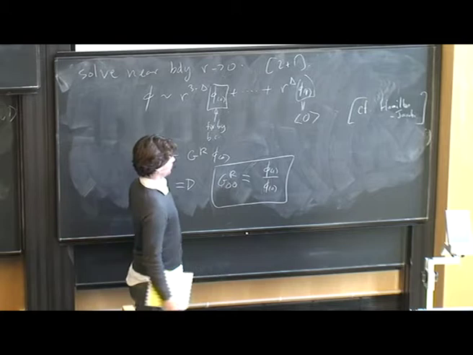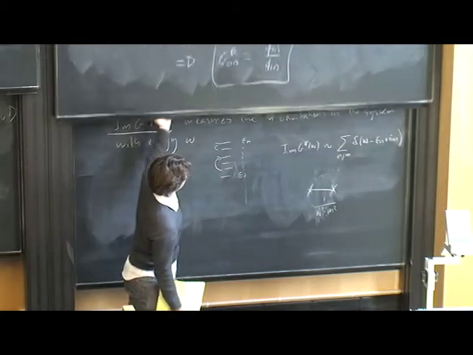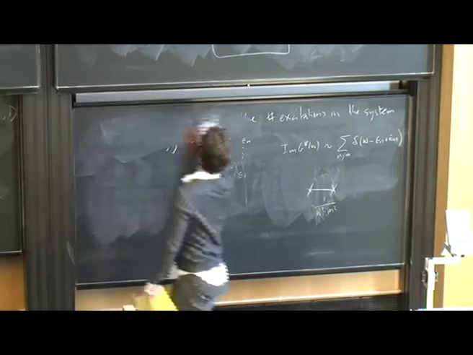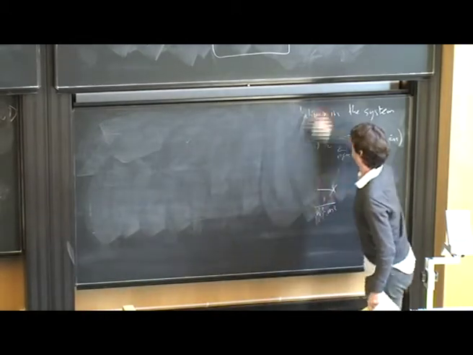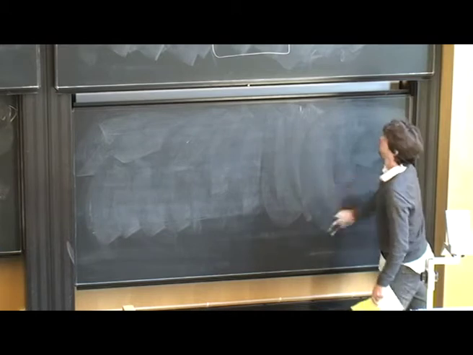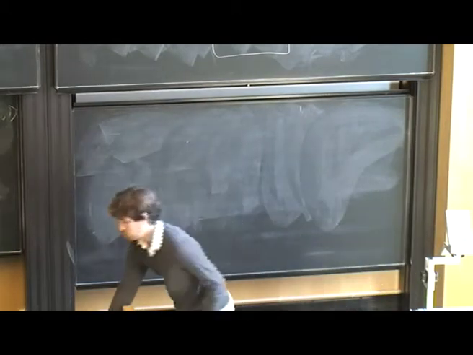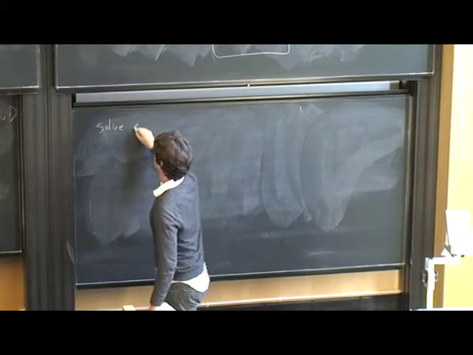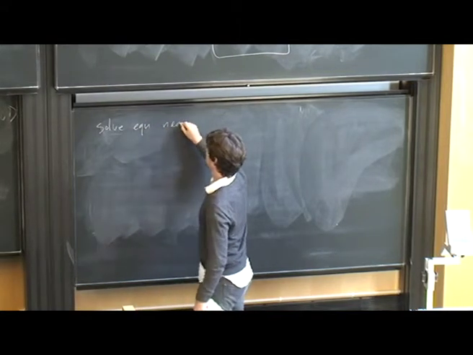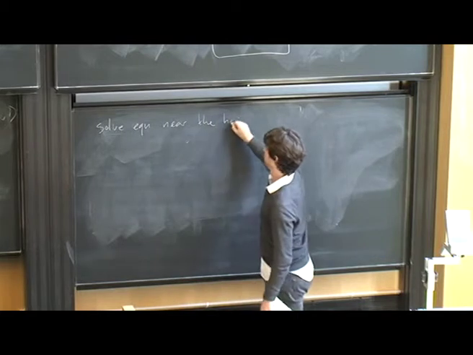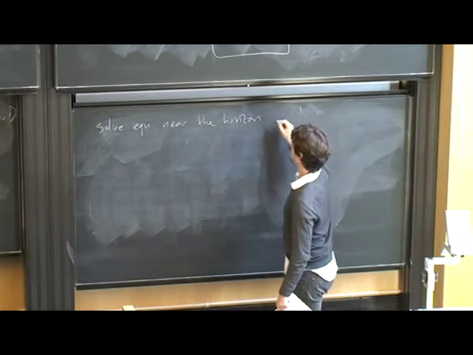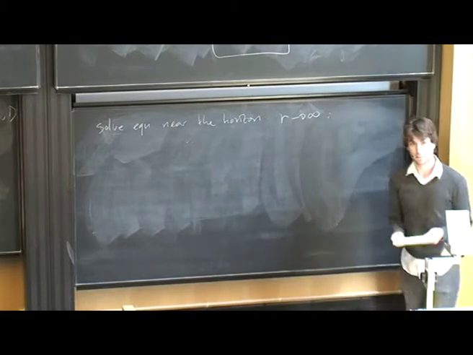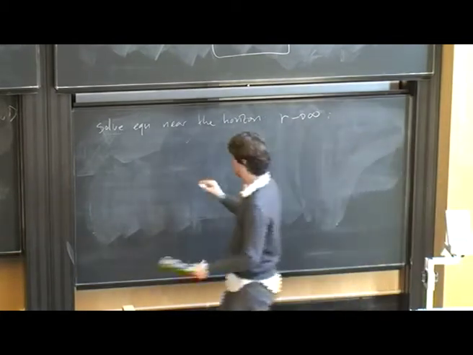Okay. So I mentioned another boundary condition. There are two constants, so if you want to fix both of them, you need two boundary conditions. So then what we have to do is solve the equation near the horizon, which in the coordinates I'm using is r goes to infinity. And there you'll find two solutions.